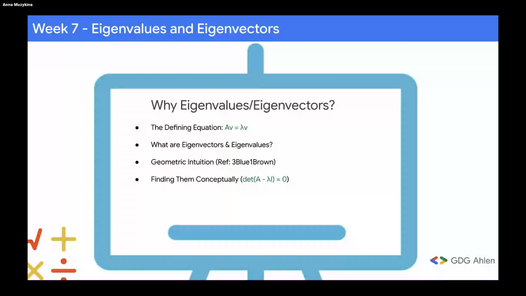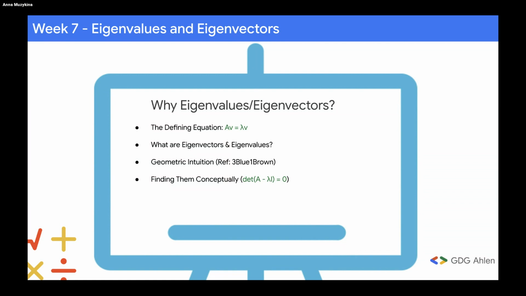Okay, here's our updated plan for today, broken down into more steps. We'll start with some motivation. Why are these concepts worth studying? Then we will introduce the core mathematical relationship, the definition equation. We will clearly define the terms eigenvector and eigenvalue based on that equation.